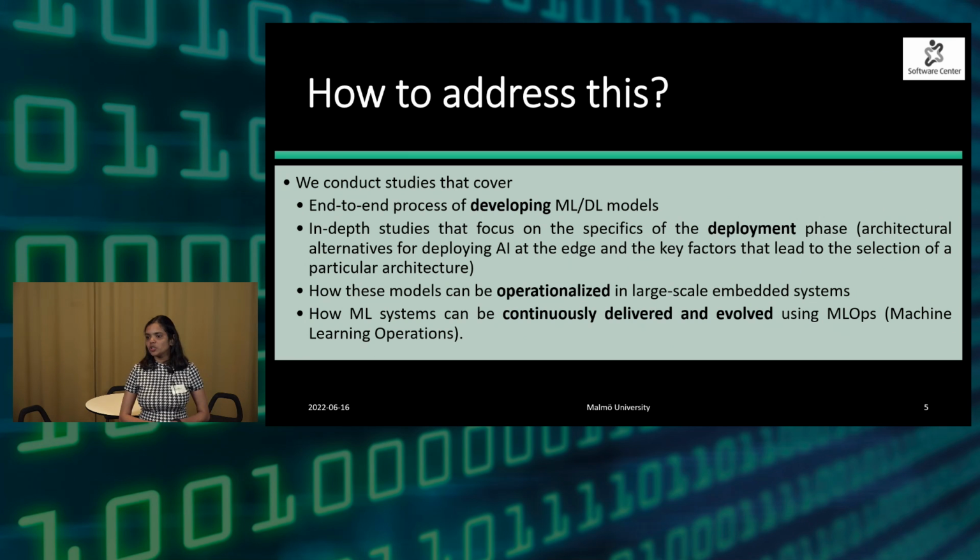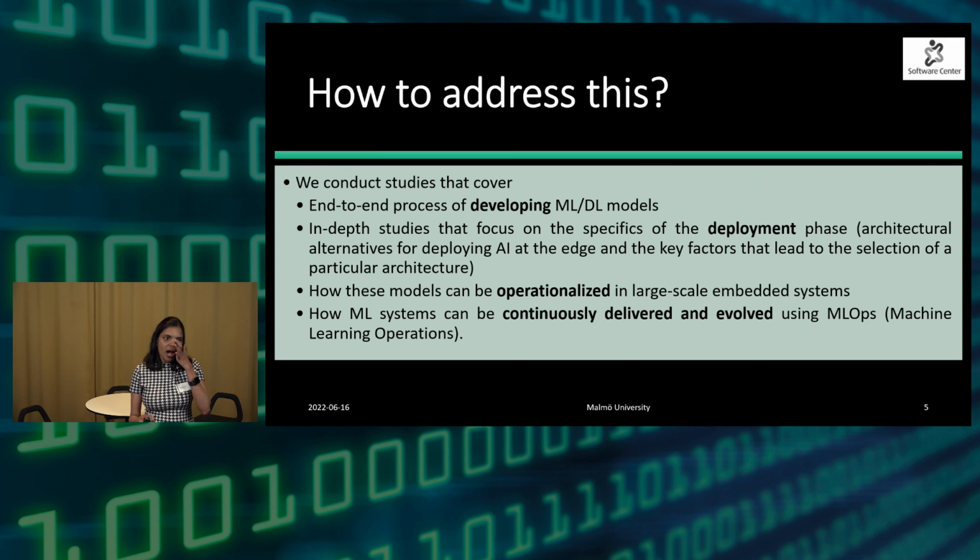So how am I going to address all these kinds of issues? In order to address this, we conducted some studies so far. They cover the end-to-end process of developing machine learning and deep learning models, and we focused more on how to deploy models: whether you should deploy the models at the edge or at the cloud, or go for a combination of both, and, if you give more importance to device cost, whether you should take your model to the cloud or deploy at the edge.